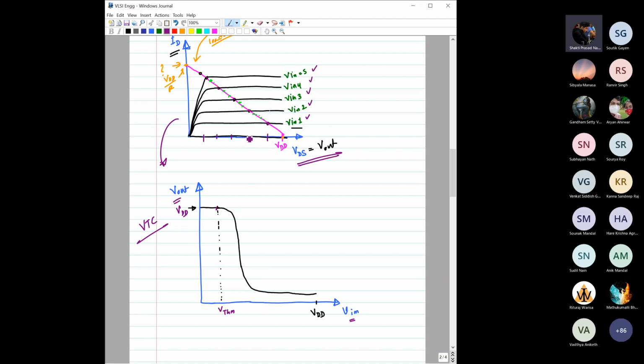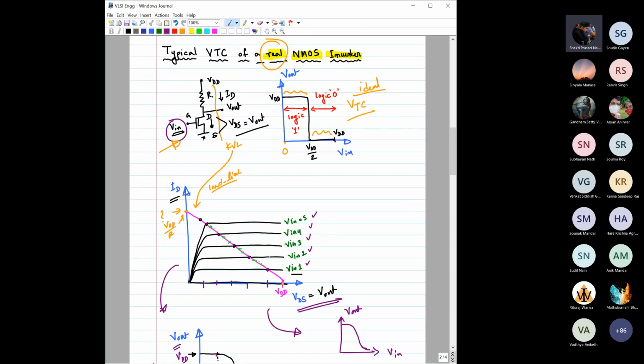But from here, if you really want to plot the VTC, then probably the correct drawing would look something like this, not this type of abrupt thing. But if you have understood this, it's not that you cannot get this type of characteristics from this resistive NMOS inverter.